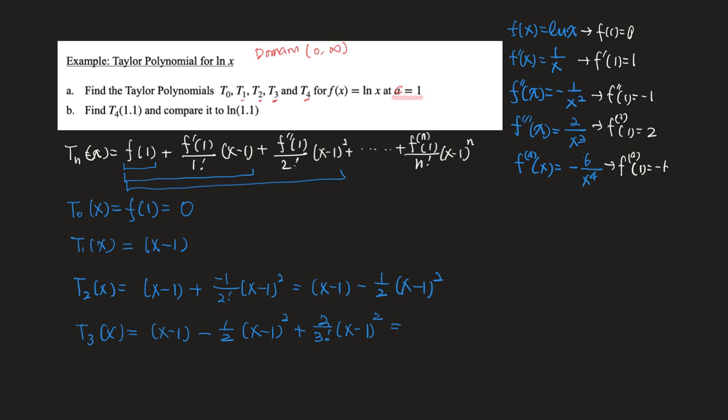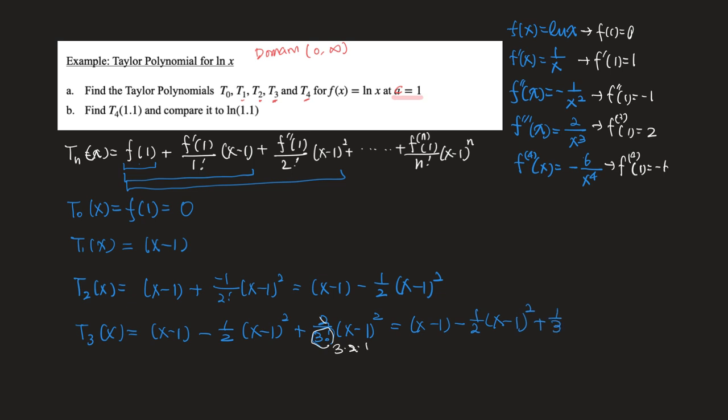Let's simplify this. 3 factorial means 3 times 2 times 1, so the 2 and 2 cancel out.